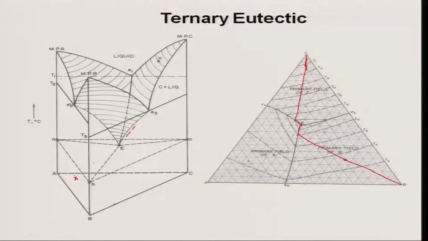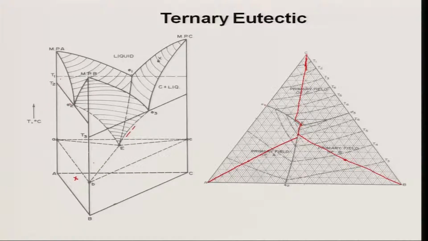It is very easy to follow the solidification. How are we going to do it? I showed you that we can join this point, which is sitting inside the primary phase field of A, with the corner A, and then extend this line further.